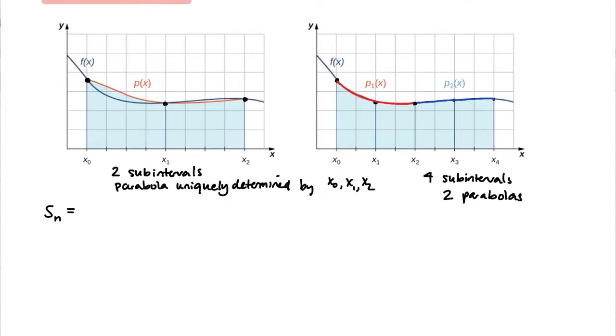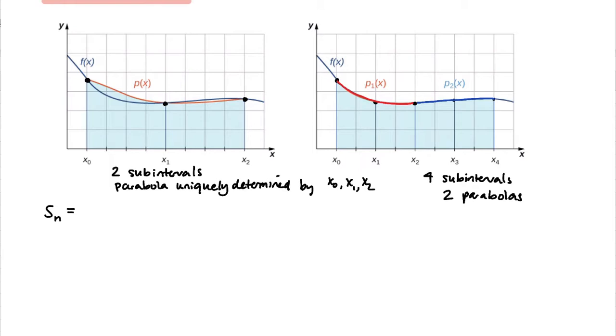For Simpson's rule, it's going to come from adding up the process of integrating a parabola. Remember when we integrate something like x squared, we end up getting a third x cubed. Hold that in your mind for where this is coming from. Deriving this is fairly complicated and beyond what I would like to explain in this video, so you'll have to take my word that these numbers come from the process of integrating parabolas in general.